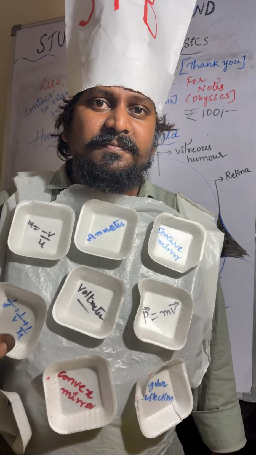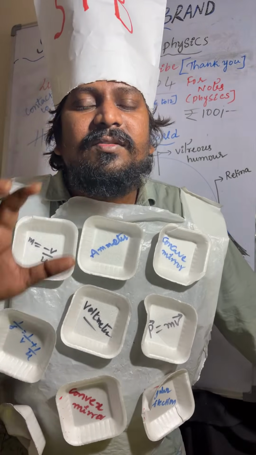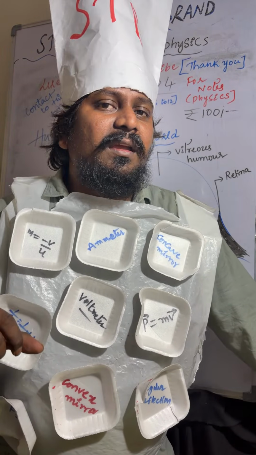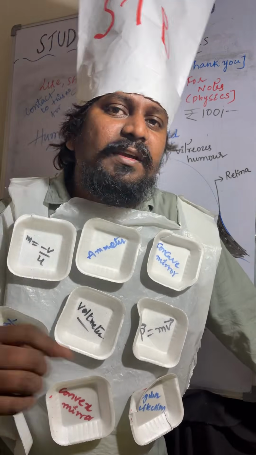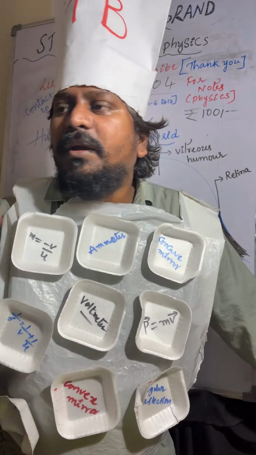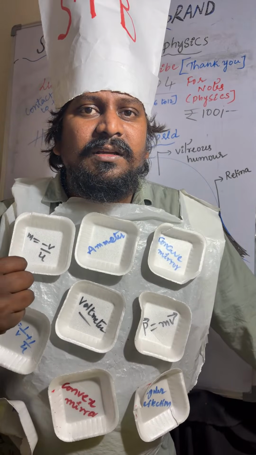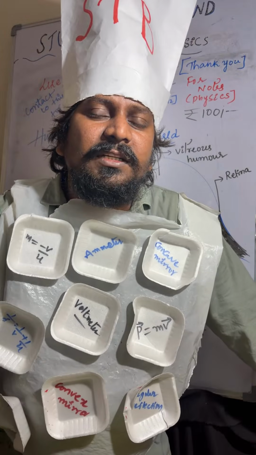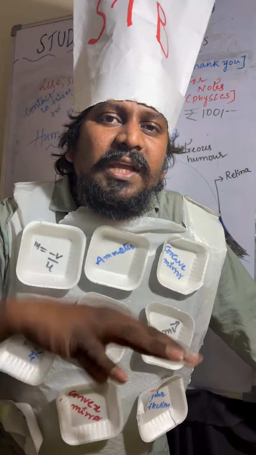Ciliary muscles. Ciliary muscles are responsible for the adjustment of the focal length of the convex lens. Whenever light rays are coming, it will adjust immediately, whether you are seeing a nearby object or a faraway object.